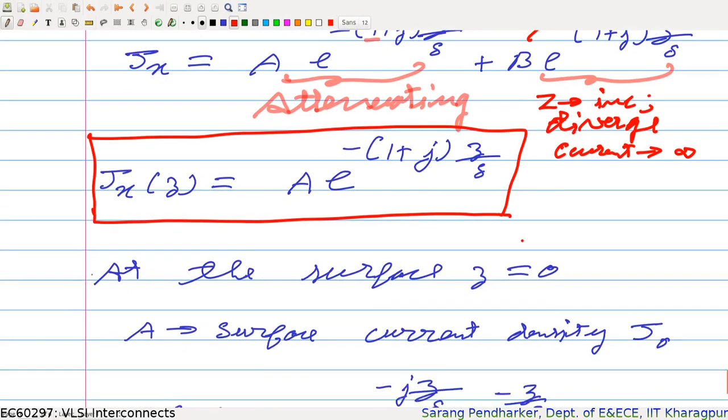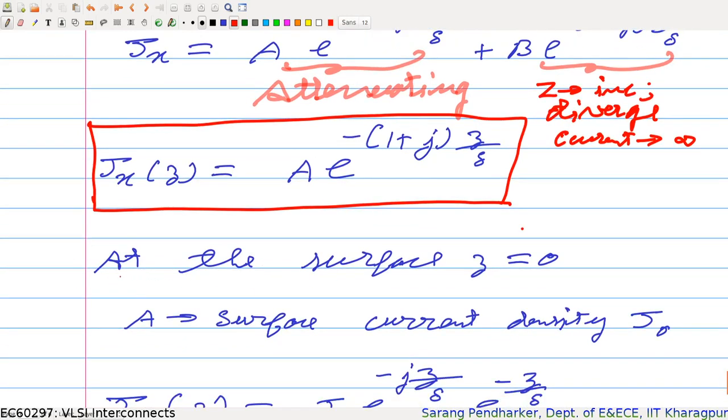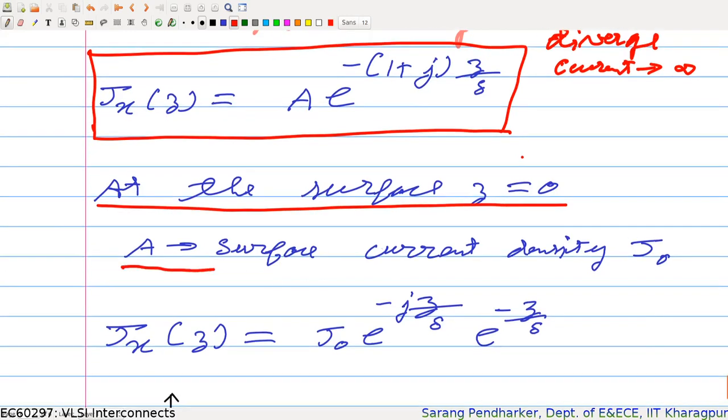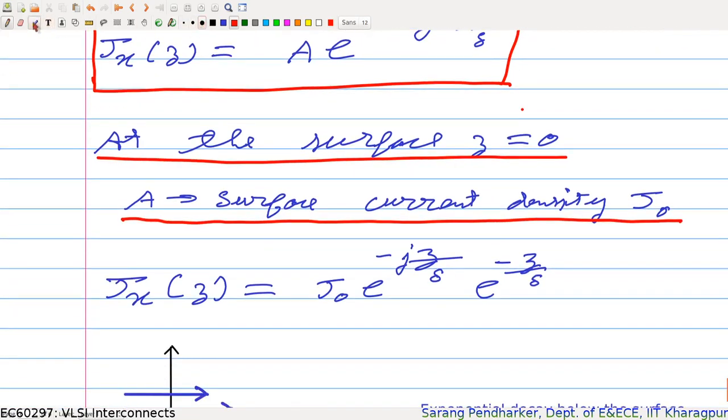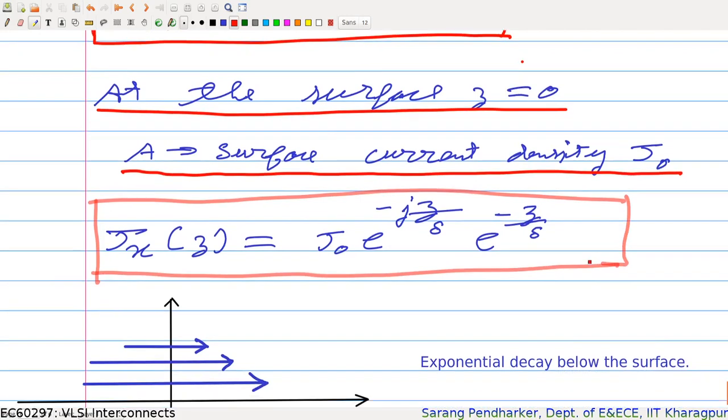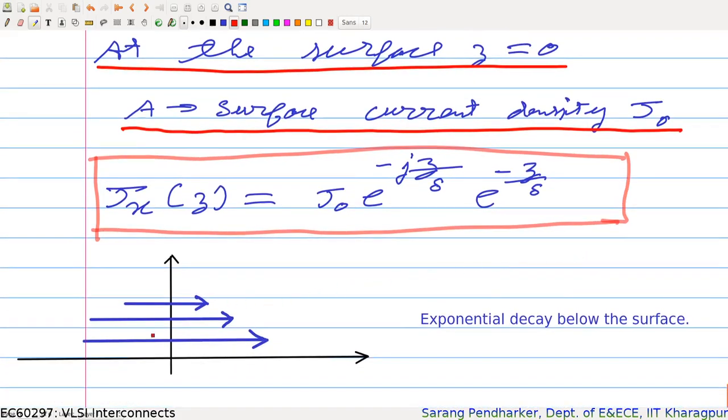So at the surface z is equal to 0, and if I substitute z equal to 0, I have j_x of 0 is equal to a. So a basically means the surface current density, so I can replace my constant a by the surface current density j0. Finally we have the current governed by this equation.